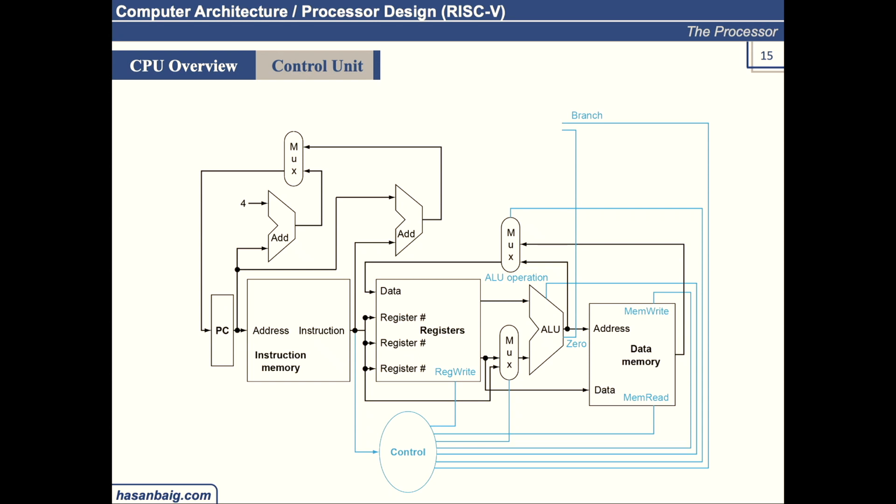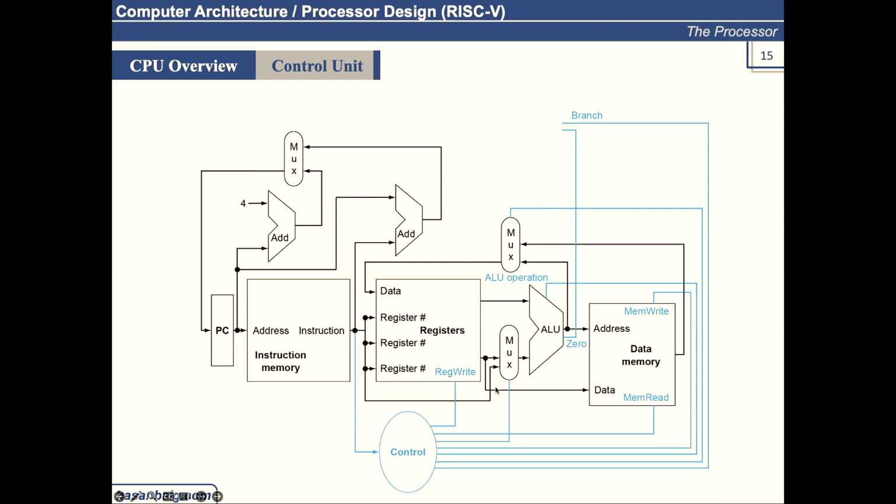Reg write: 1 corresponds to we want to write the register value, and 0 corresponds to we do not want to write a register value. 1. Why? Because we want to write the results into the register. So that is why this control circuitry will set the reg write value to 1.